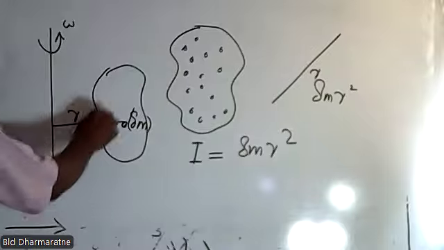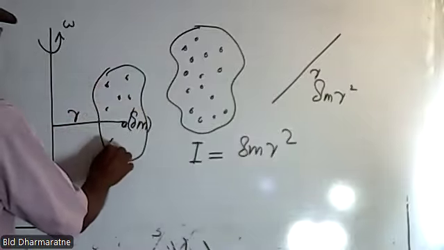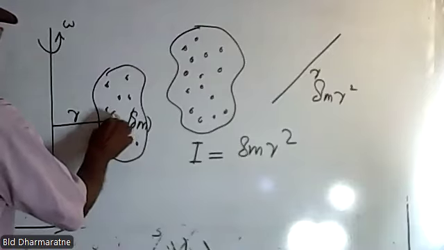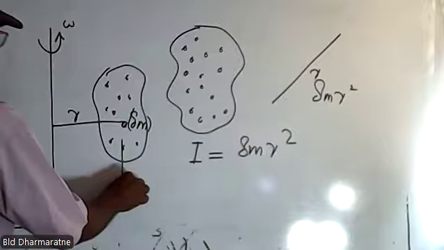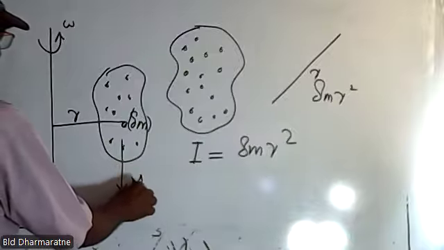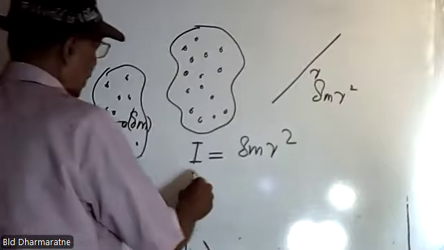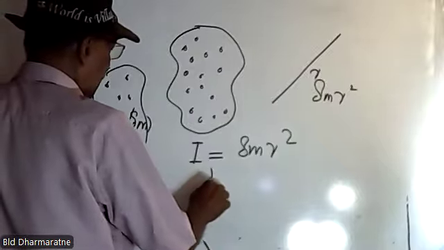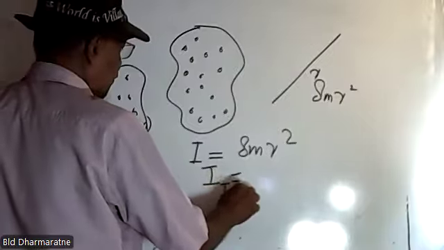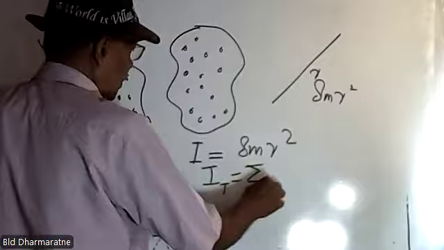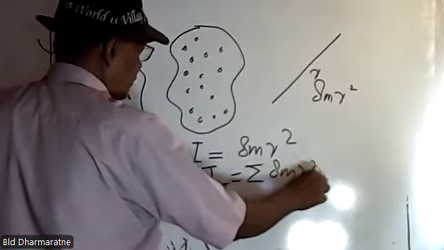We consider all the masses of the body, up to capital N particles. Then the total I equals the sum of delta m r squared.